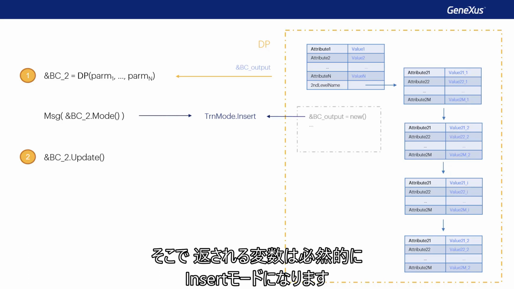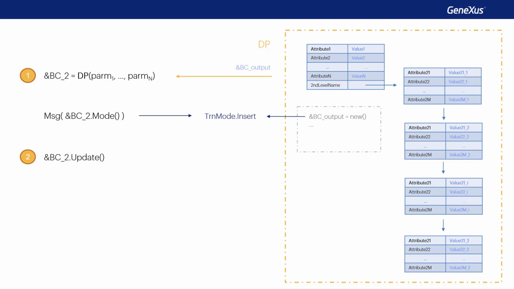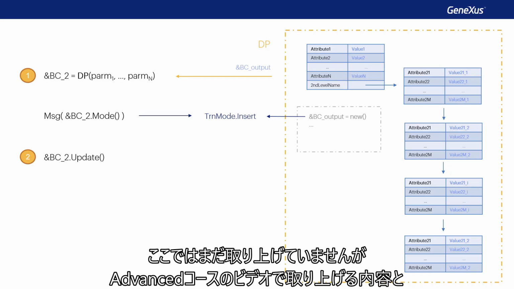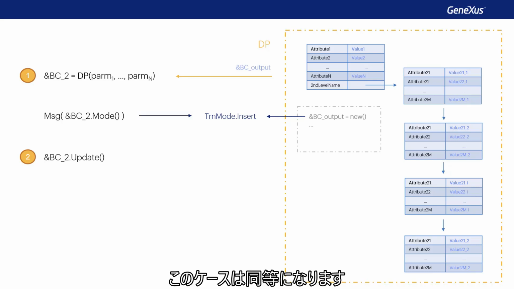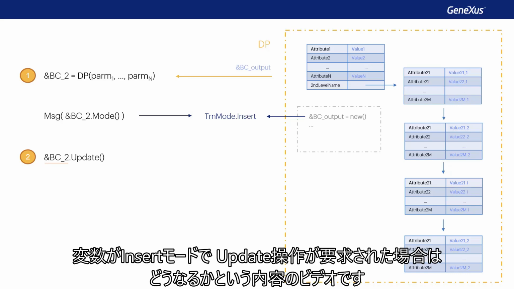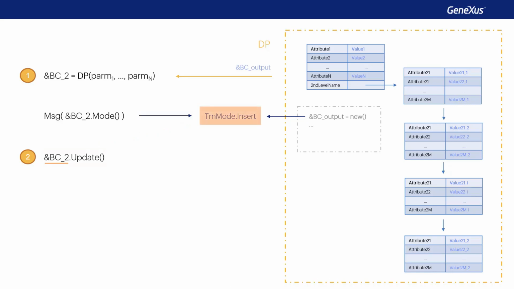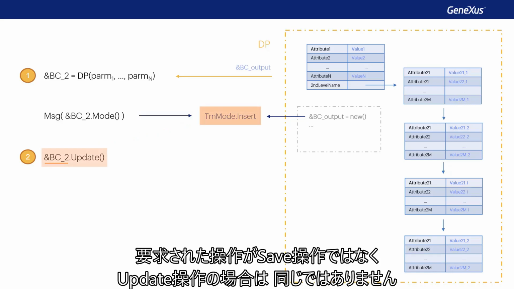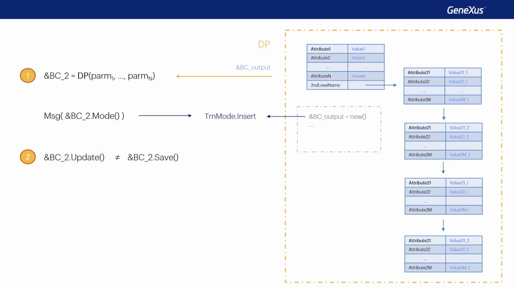So, the variable that will be returned will be, inevitably, in insert mode. Therefore, this case is equivalent to the one that we haven't analyzed here yet, but in the videos of the advanced course, what happens when the variable is in insert mode and an update operation is requested? Here it's not the same if the operation requested is the update operation and not the save operation.